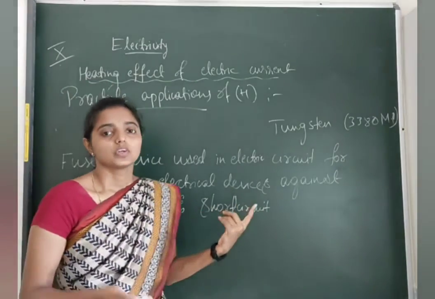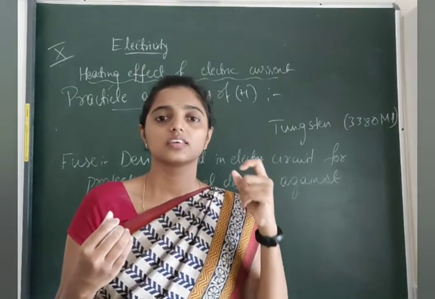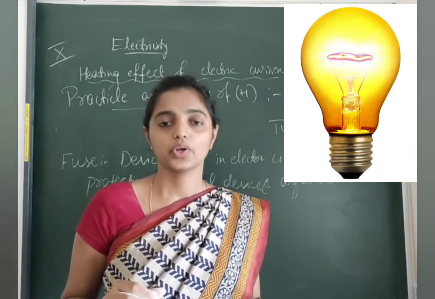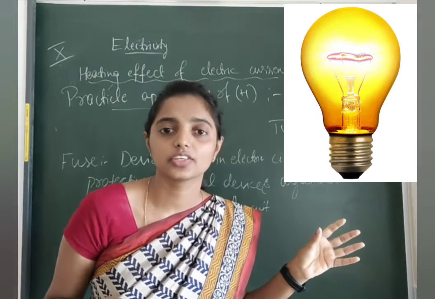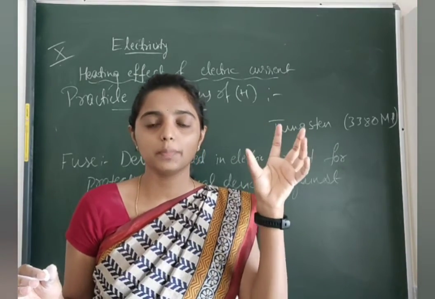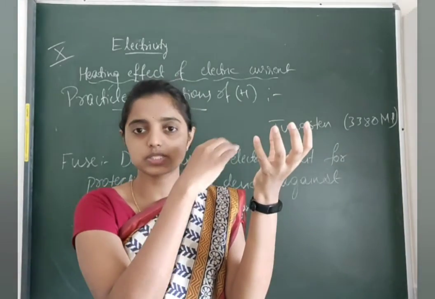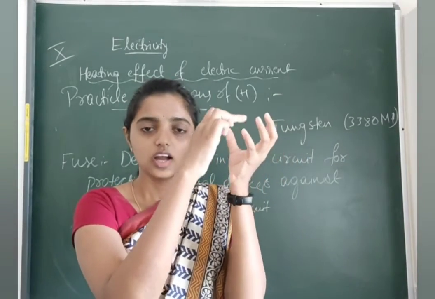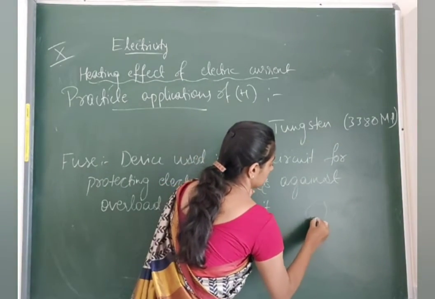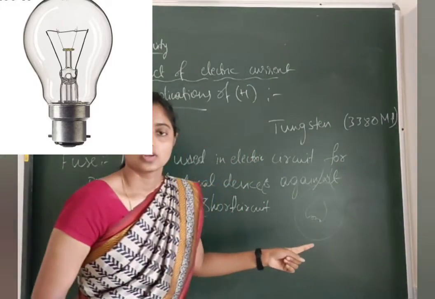That is nothing but the heating effect which also produces light. The example is the electric bulb. Due to this heating effect, it produces light. So just imagine a normal transparent bulb, where we can see some device or material connected inside.